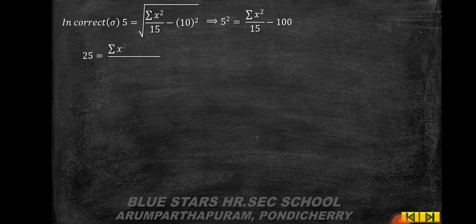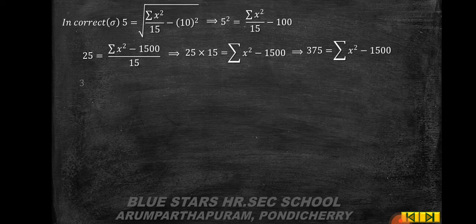So 25 is equal to summation x square minus 1500 by 15, which implies 25 into 15 is equal to summation x square minus 1500, which implies 375 is equal to summation x square minus 1500. So 375 plus 1500 is equal to summation x square, which implies 1875 is equal to summation x square.